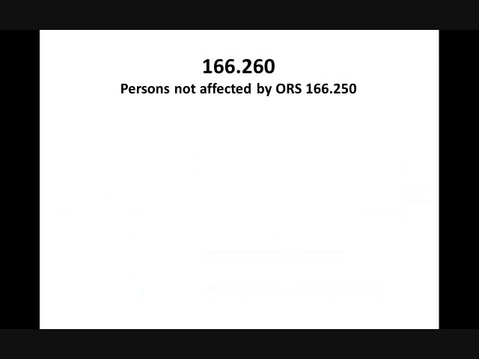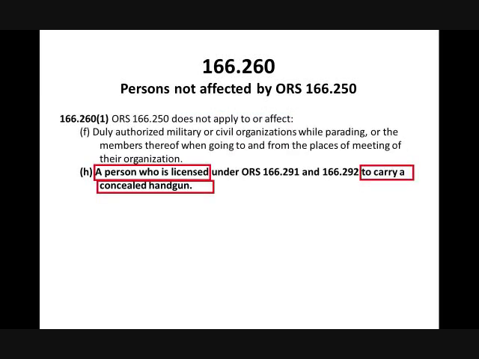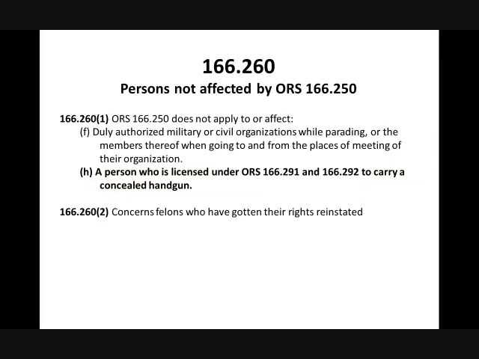That brings us to 166.260, persons not affected by 166.250. 166.250 does not apply to or affect a person who is licensed under ORS 166.291 and 292 to carry a concealed handgun. 260 subsection 2 concerns felons who have gotten their rights reinstated.